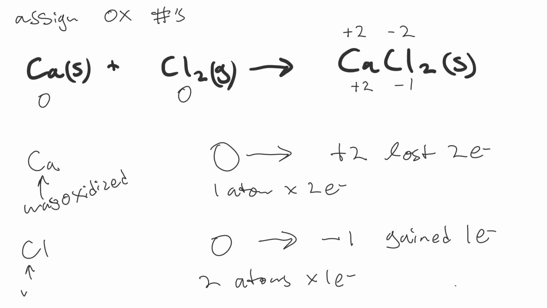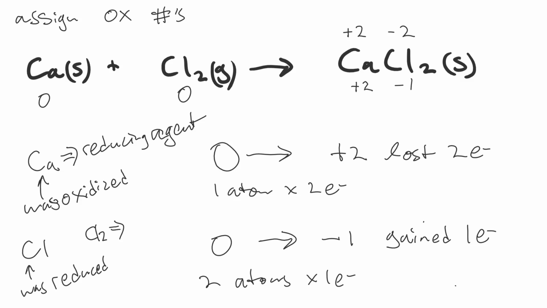Chlorine was reduced. This means calcium was the reducing agent, and Cl2 was the oxidizing agent.